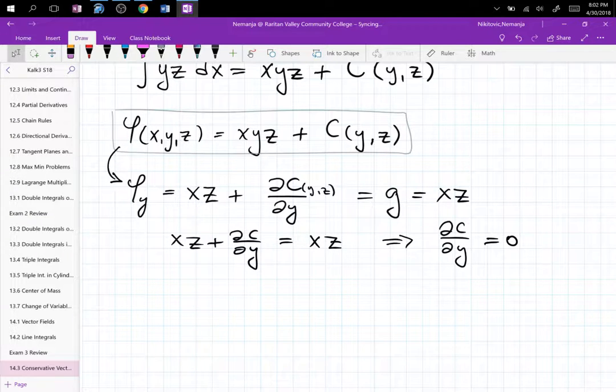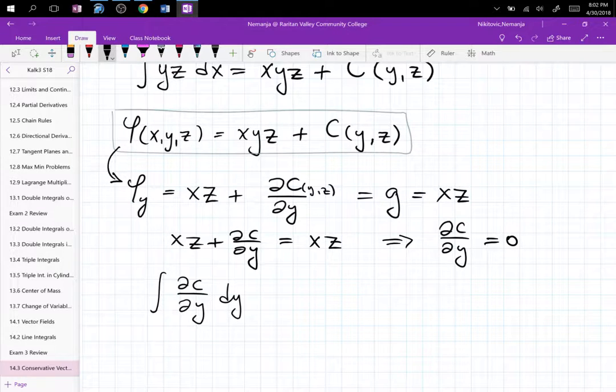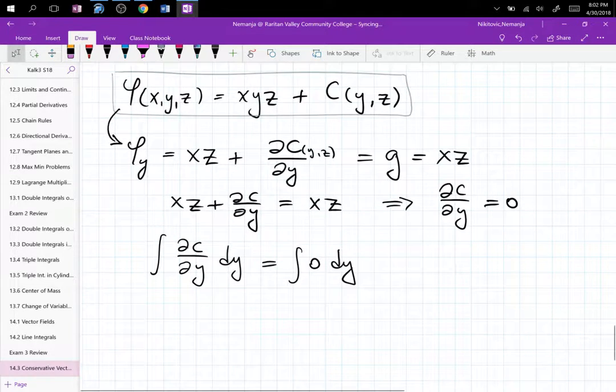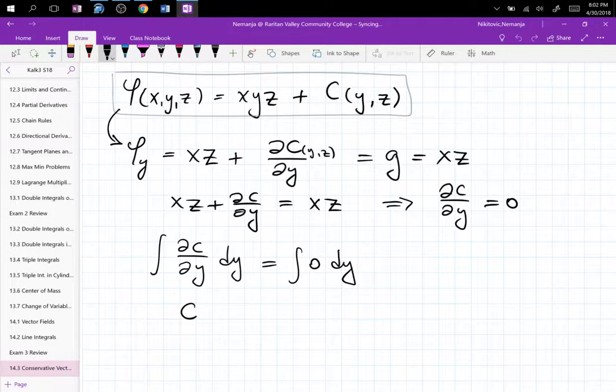Now you will integrate both sides with respect to y. So we will integrate partial c partial y dy equals the integral of 0 dy, and what you get is that the function c, which was a function of y and z, is equal to 0 plus a new constant k with respect to z.